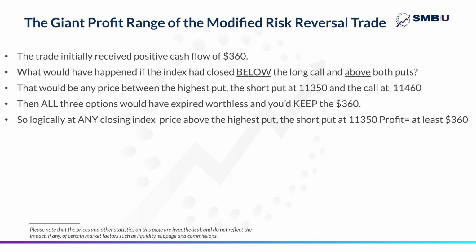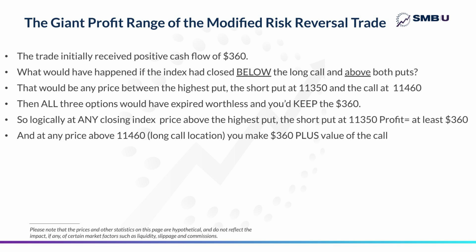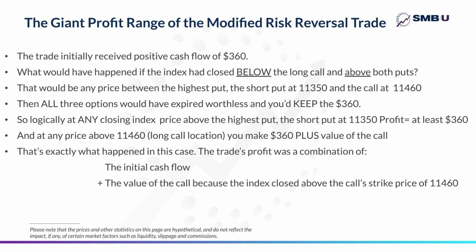And so the fascinating thing is that at any price above 11,350, you would have made at least $360, and at any price above the call's location at 11,460, you make the value of the call on top of the 360 you collected up front, which is what happened in this case.